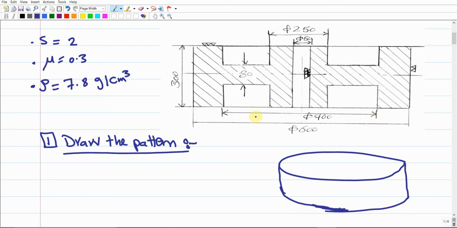There is an internal hole, an internal opening of 400. It means that there is a cavity of 400 millimeters, and it has the same height as given here. But there is a hub in the middle. What is this hub? This hub has an external diameter of 250 millimeters.